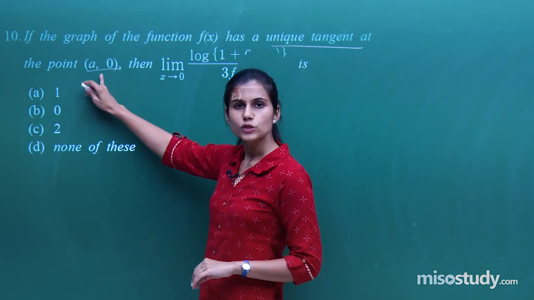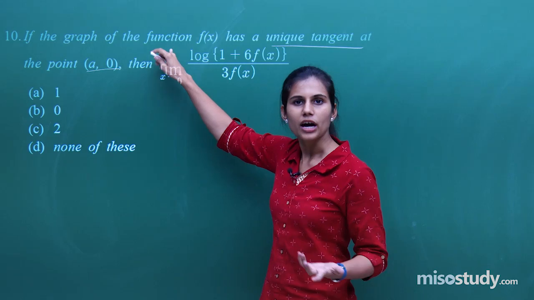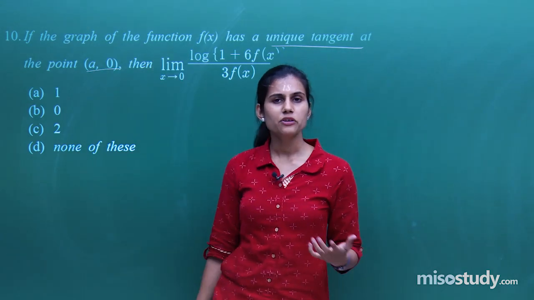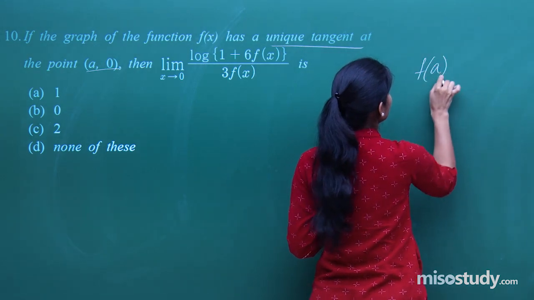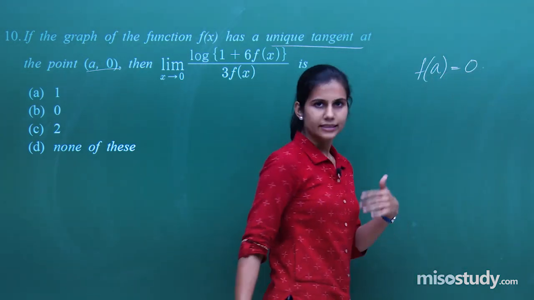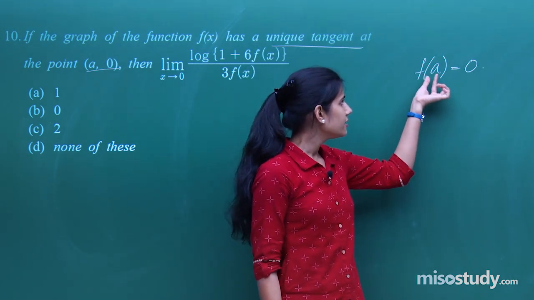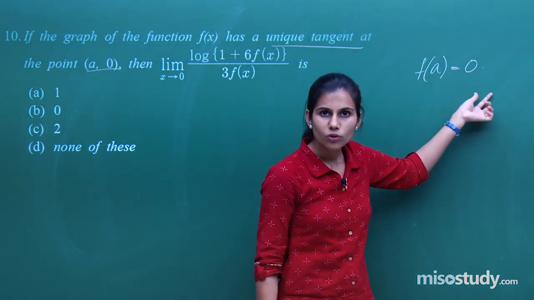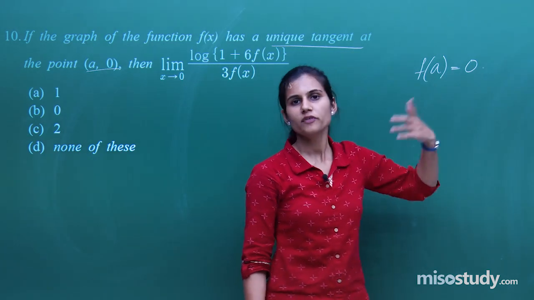But also one more thing is here, that (a, 0) is obviously lying on the graph of the function. If (a, 0) is lying on the graph of the function, very clearly f(a) is 0, then only it is lying on the graph. That means f is sending a to 0, the image corresponding to a is 0, so f(a) is 0.